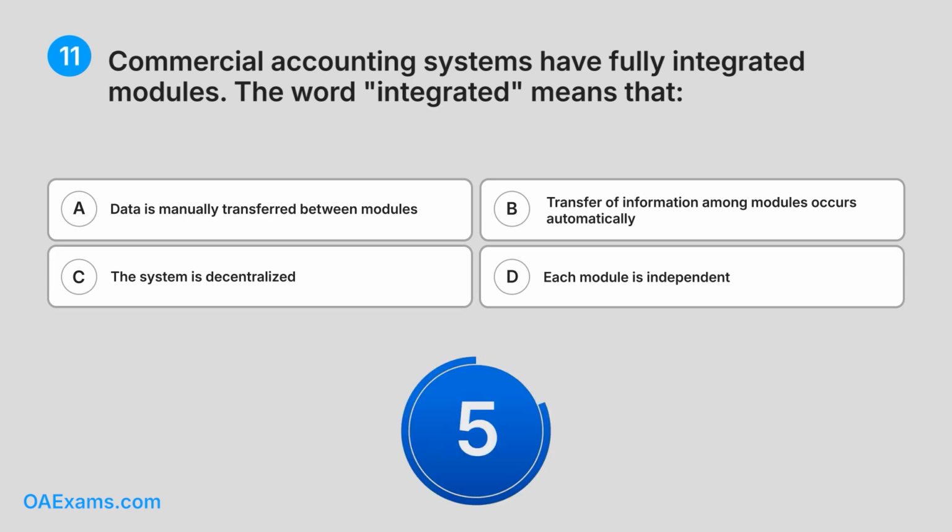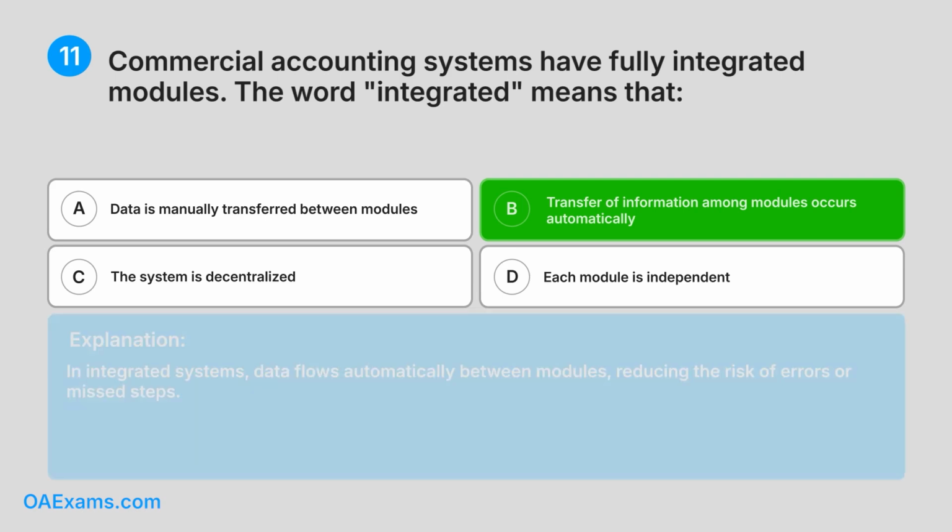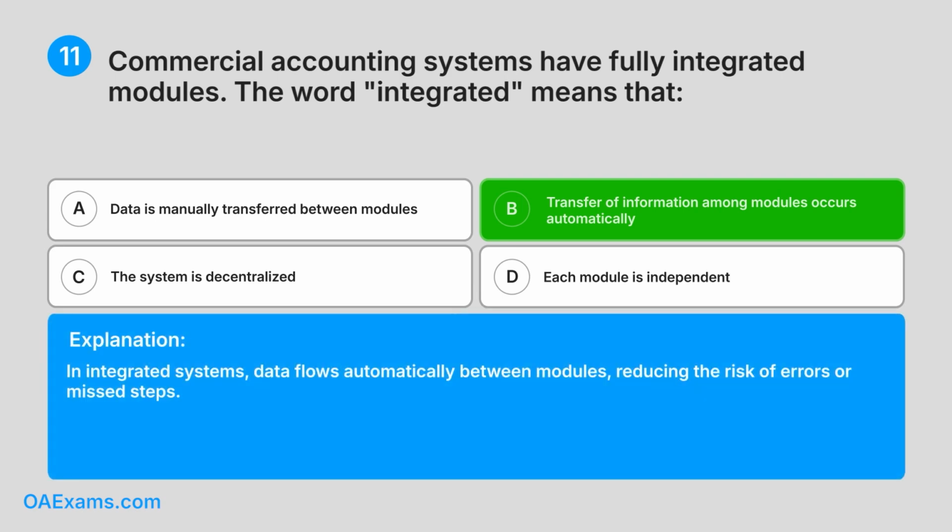What do you think is the answer? Correct answer: B. Transfer of information among modules occurs automatically. Explanation: In integrated systems, data flows automatically between modules, reducing the risk of errors or missed steps.